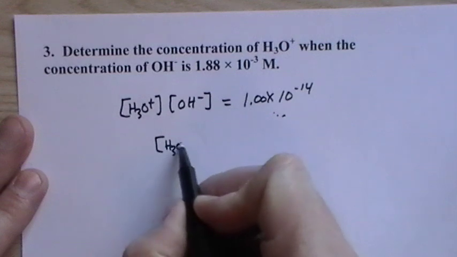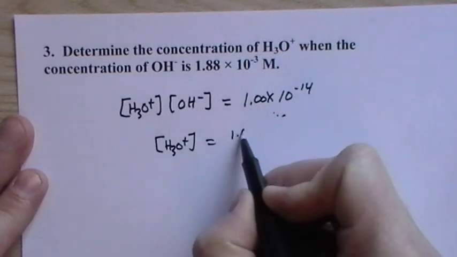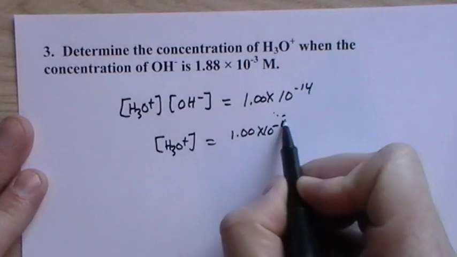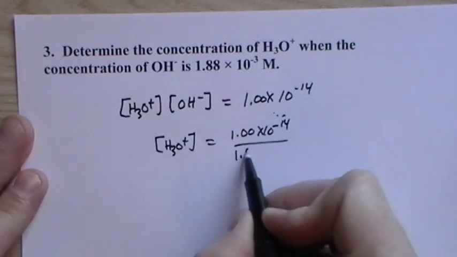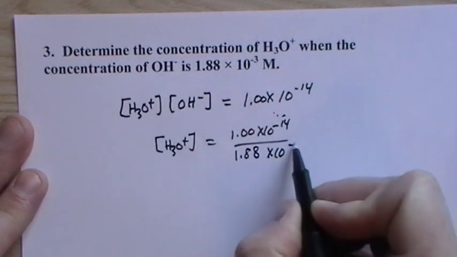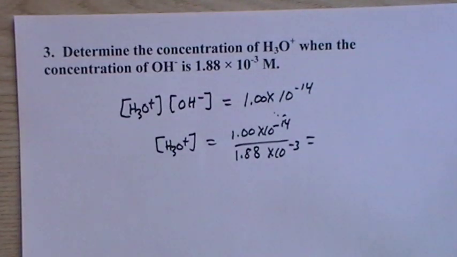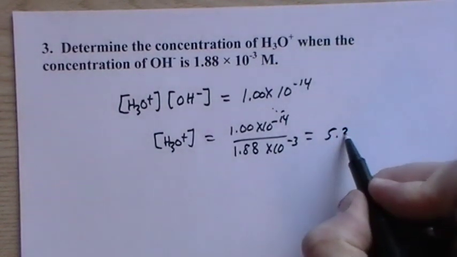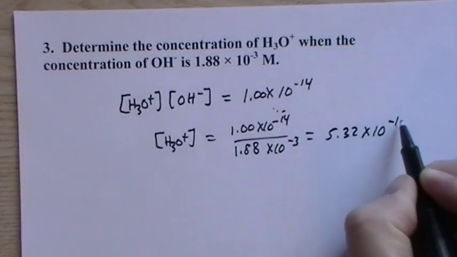So let's do it out here. Concentration of OH minus. And this is 5.32 times 10 to the minus 12 molar.